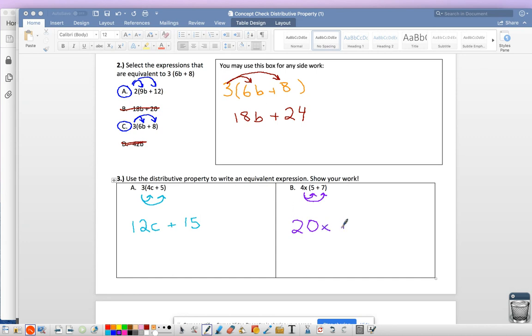So we have 20x. And then for the second part, 4 times 7, that gives us 28. And then remember, we have to add that x on. Okay? And that's all that we have to do to complete this worksheet.